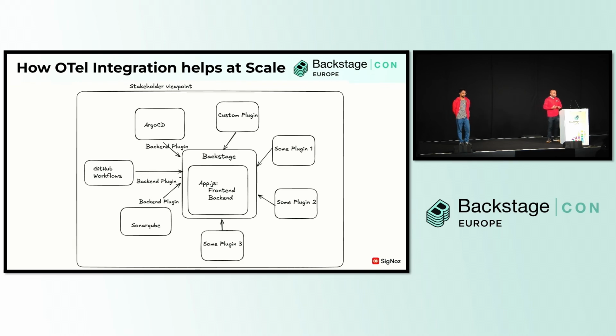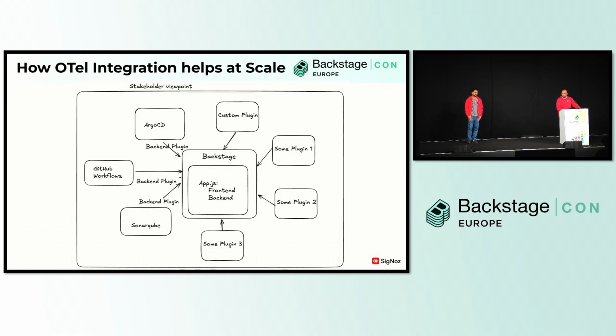We will have a stakeholder viewpoint where there is a Backstage application, with a front end and a back end running, and n number of plugins, something like Argo CD for looking at deployments, GitHub workflows to check CI/CD, SonarQube to check code quality, and n number of other plugins, custom plugins they have made, and some community plugins.